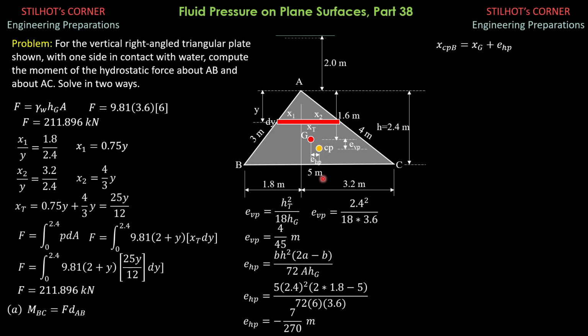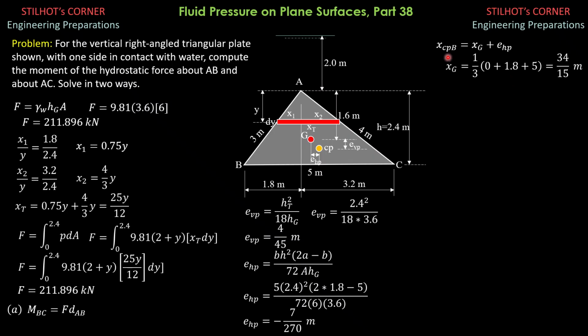So xg is likewise the same as that of y sub cp, average, one third of 0, then xa is 1.8, xc is 5, xb is 0. So xg is one-third of quantity 0 plus 1.8 plus 5, and that is 34 over 15 meter.